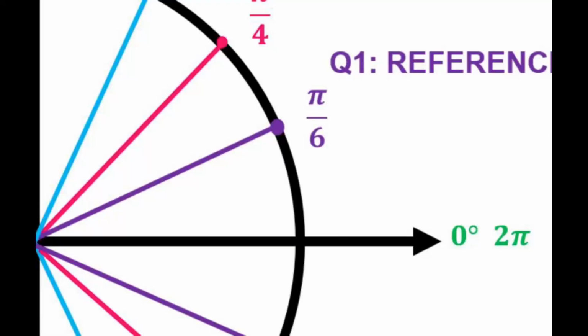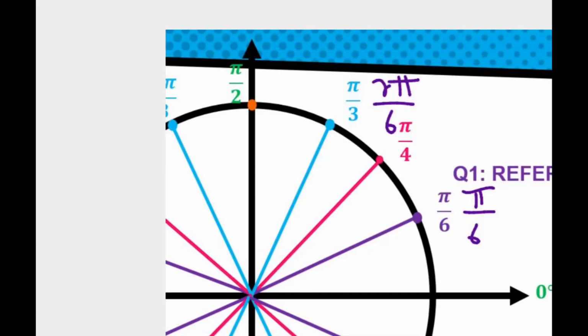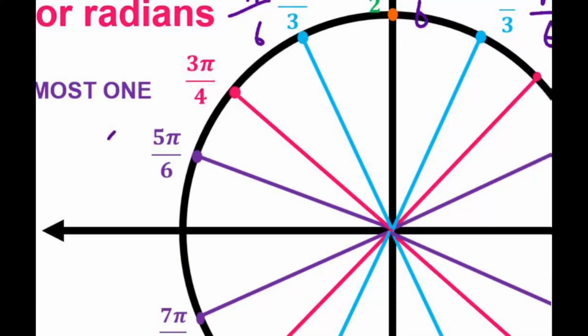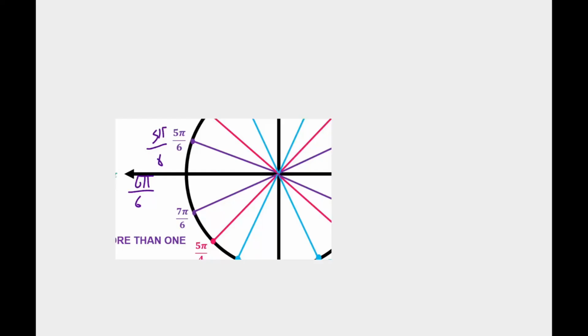Another way you can set this up is you can say, well, they're all going in like pi over 6. Skipping the pi over 4 ones, this is just 2 pi over 6, 3 pi over 6, oops, 4 pi over 6, 5 pi over 6, 6 pi over 6.